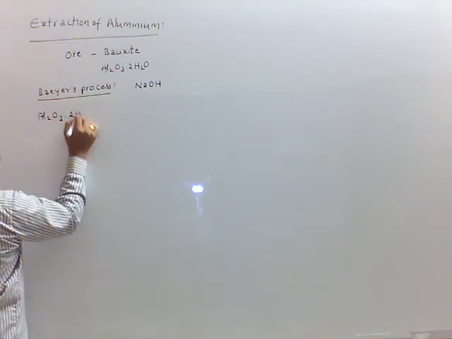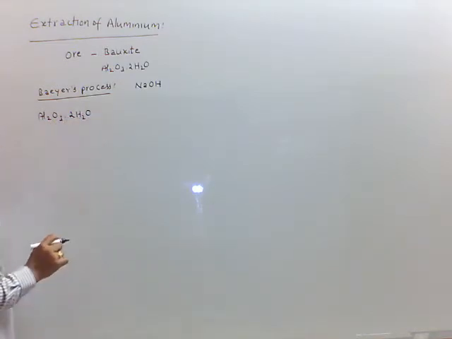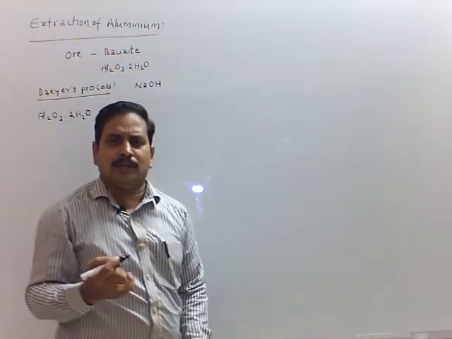First step: Al2O3·2H2O. This is bauxite.